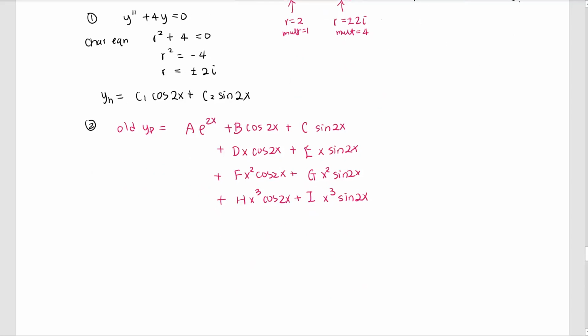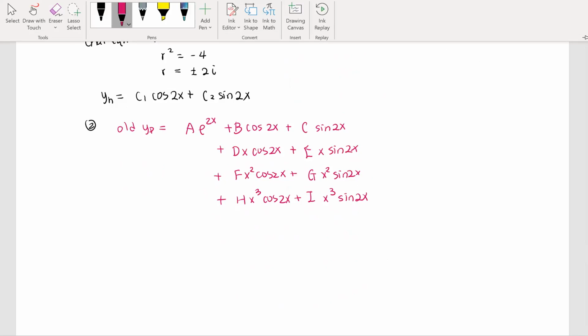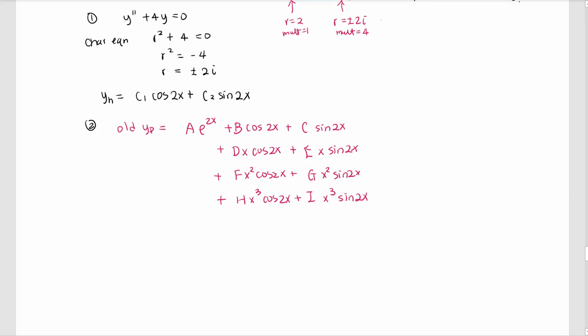What's the new setup? Okay, so the new YP. Here we actually have 2 roots. For the root 2, you can see 2 is not in the characteristic equation, so we just keep it the same. But plus or minus 2i also appears in the characteristic equation, so we need to increase the power of x.